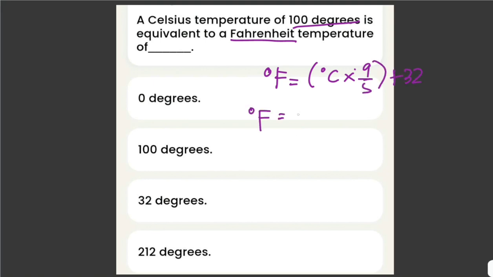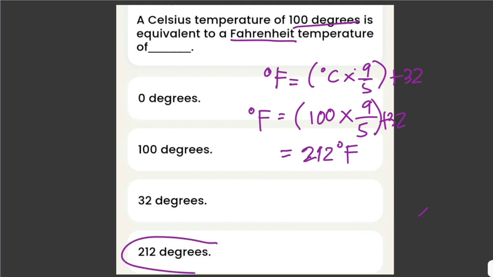Then we plug in the given value of 100 degrees Celsius. So that is 100 times 9/5 plus 32, which is equal to 212 degrees Fahrenheit. Therefore, 100 degrees Celsius is equivalent to 212 degrees Fahrenheit.